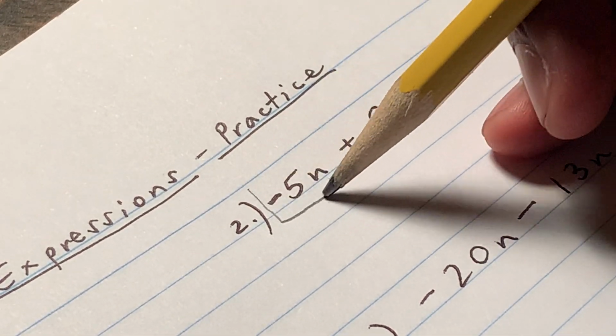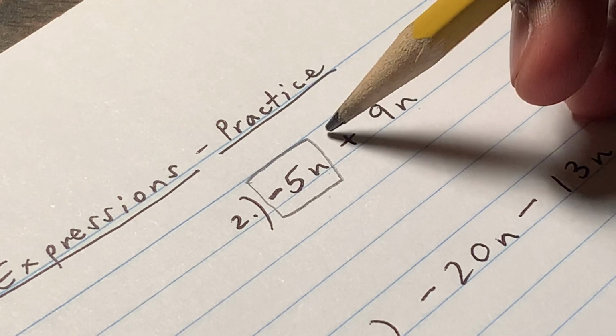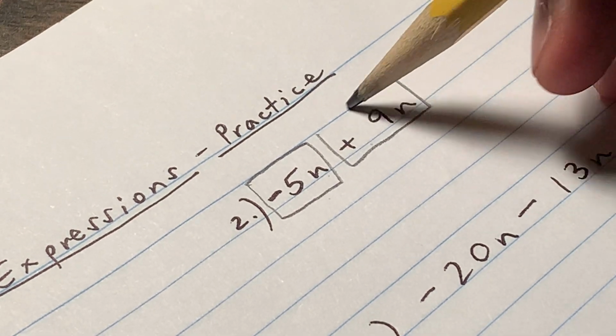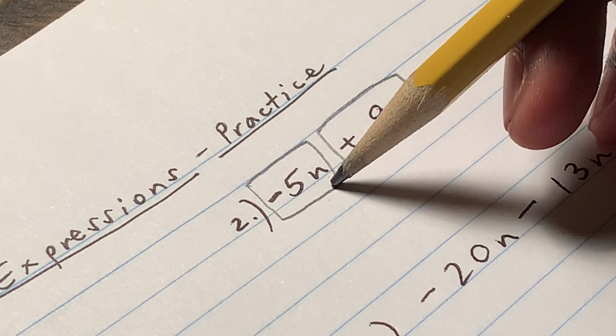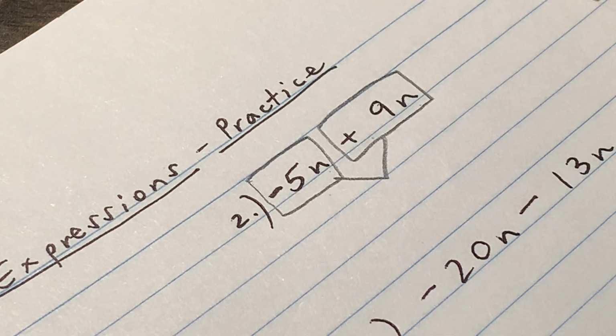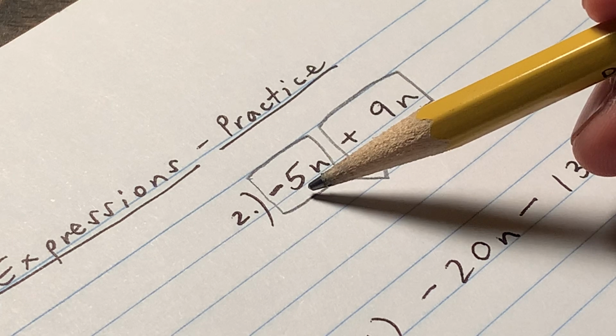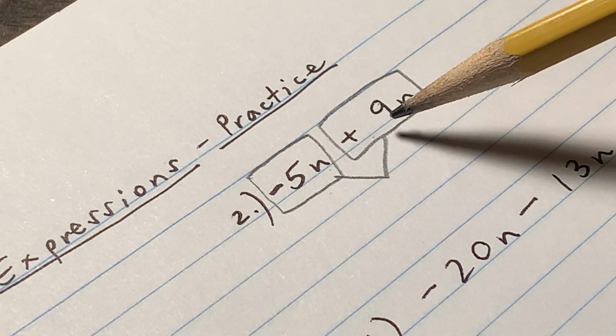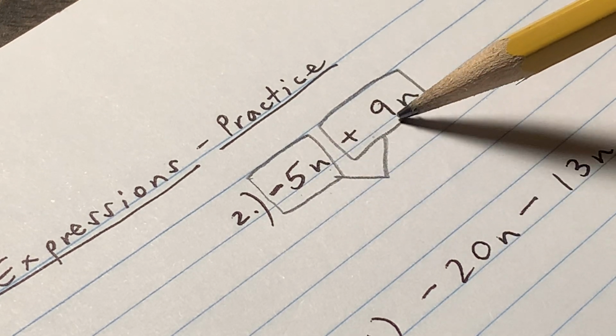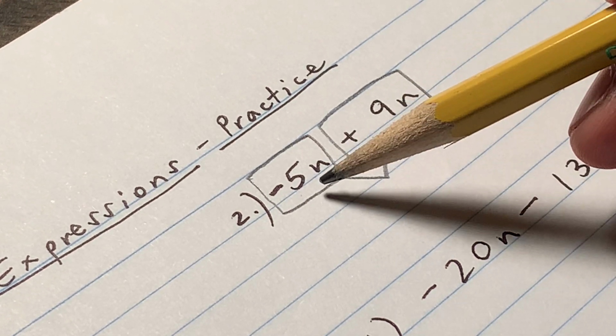So let's box negative 5n. Let's box positive 9n. And let's use money and debt to combine them. So I owe $5. I only have $9. Owe 5, have 9. I have enough money to cover my debt.